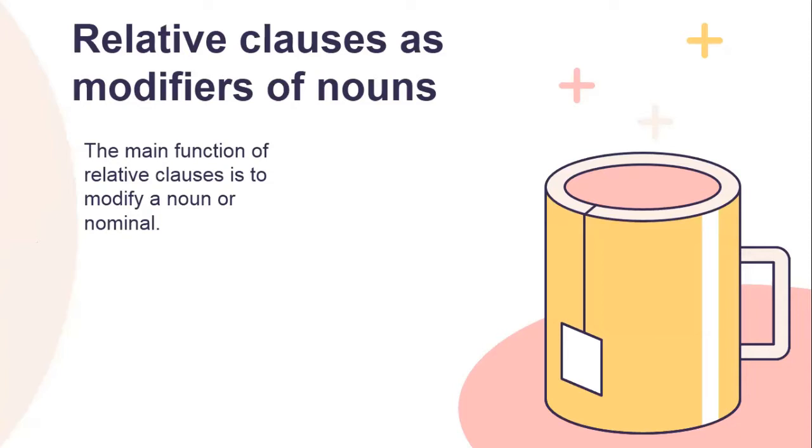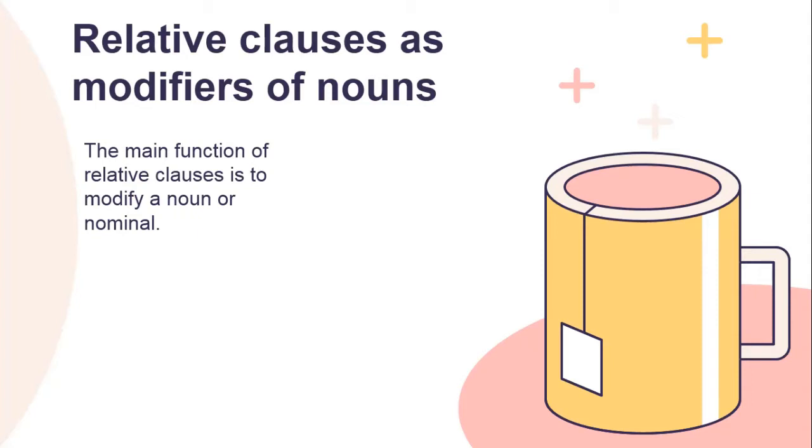So the first material is: what is a relative clause and what is its function? Basically, a relative clause is a special kind of subordinate clause, which cannot stand by itself, and its function is to modify a noun or nominal.